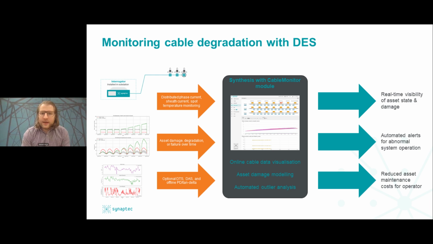So again, what this leads to is helping the operators reduce their maintenance costs, because we're providing early warning of issues that may become catastrophic in the future, but by providing this early warning, we make the maintenance much more manageable and cost effective.